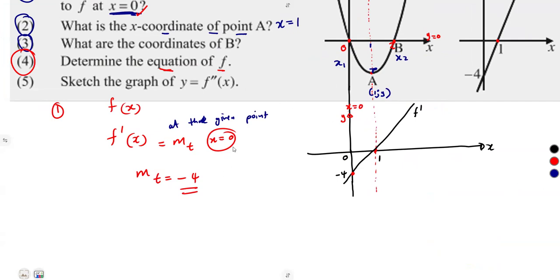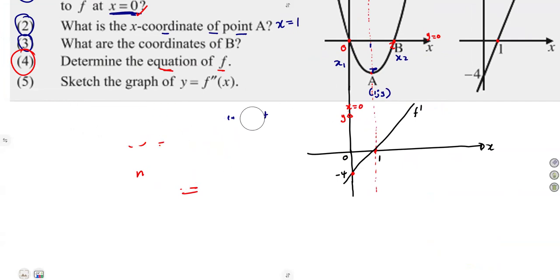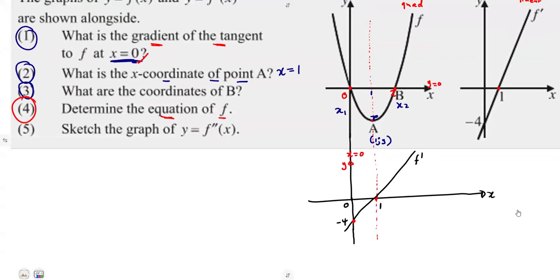To find the equation of f, our original function, we are limited because we just have these x-intercepts. We do not have the y-intercept. We just have the x value, that is 1. We do not have the value of y.